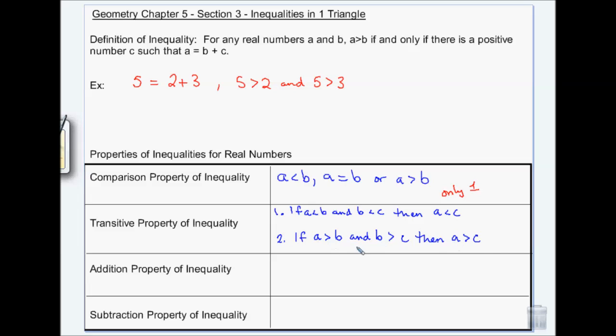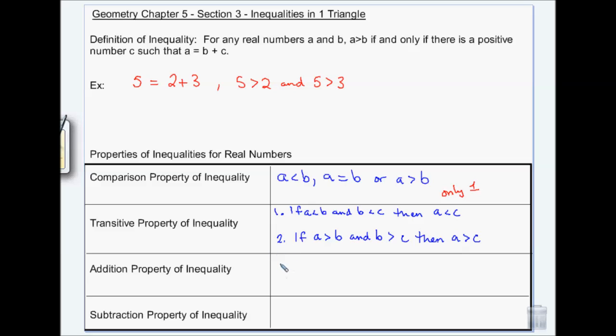Well, this is just a property. If I have some number A, say it's 5, and B is 3, and then I tell you that B is greater than C, what do you know about C? It's going to have to be less than 5. 2, 1, negative something. We just know it would be less than the original 5.